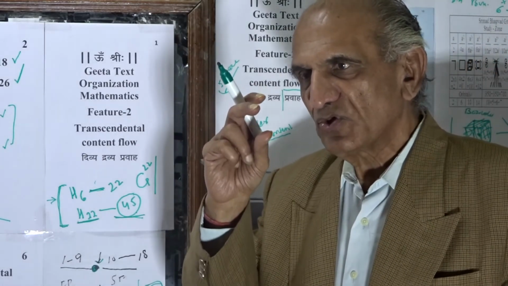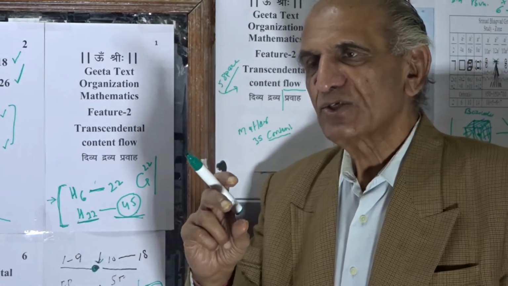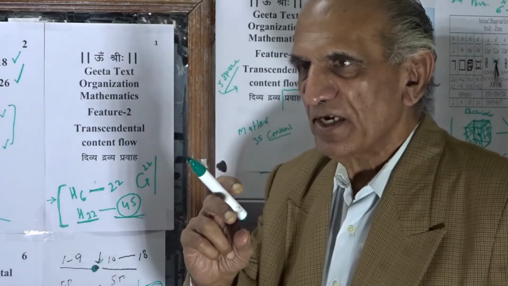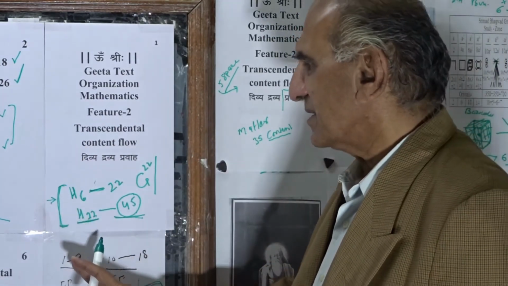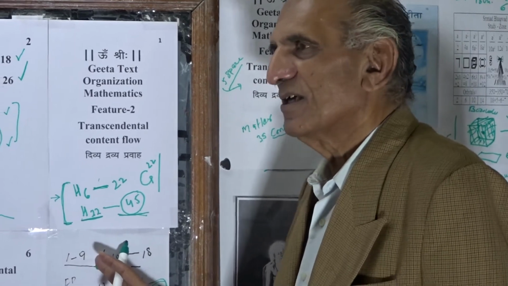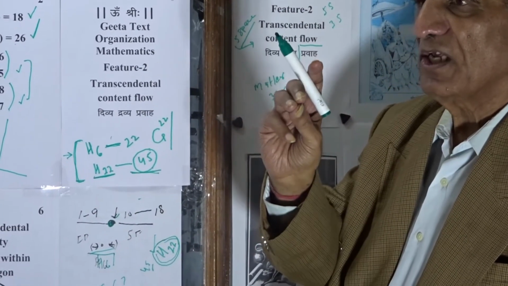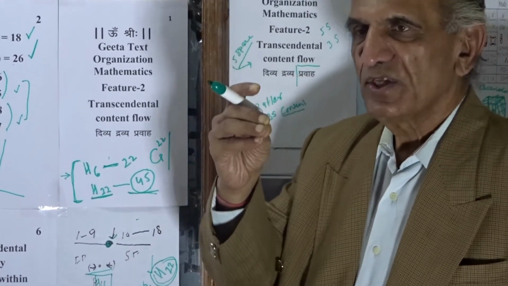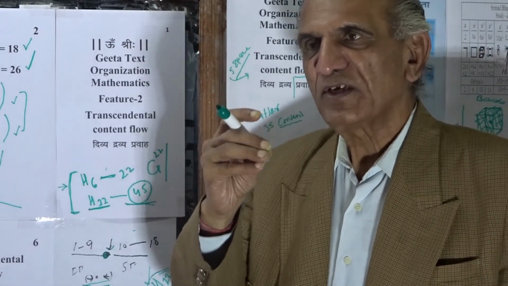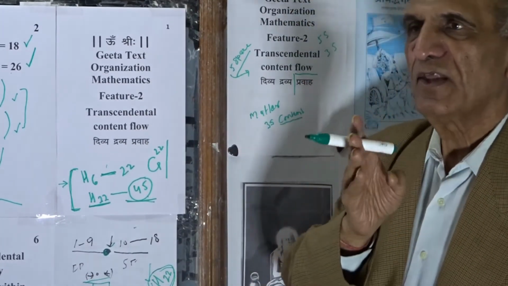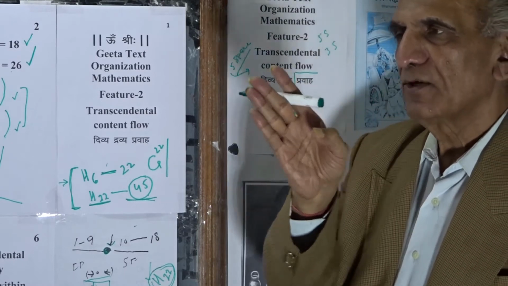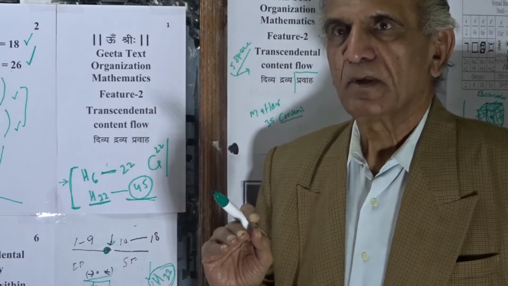The value 22 leads to the static format for the first 9 chapters text, and the value 23 takes us to the second half of the text of Srimad Bhagavad Gita, that is from chapter 10 to chapter 18.